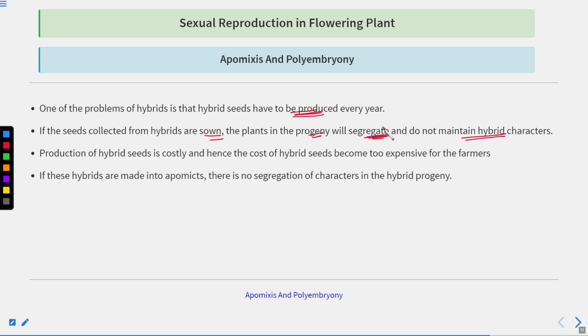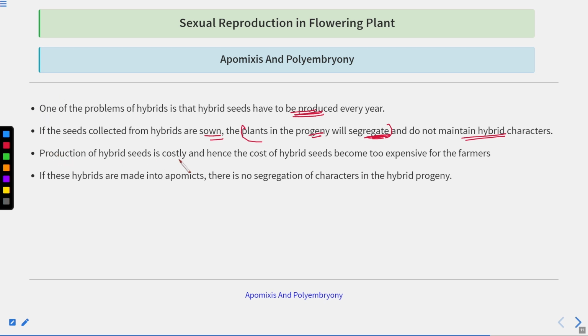So there is a need to produce this hybrid seed again and again, because whenever they go to the next progeny, there will be segregation. You must have studied about Mendel's law of segregation. So there will be segregation of the characteristic and the desired character won't be there.